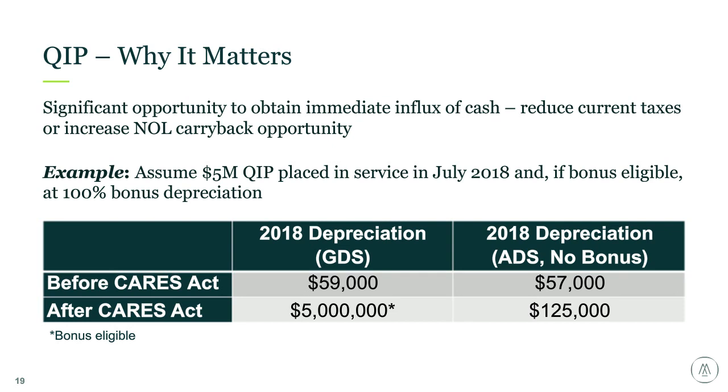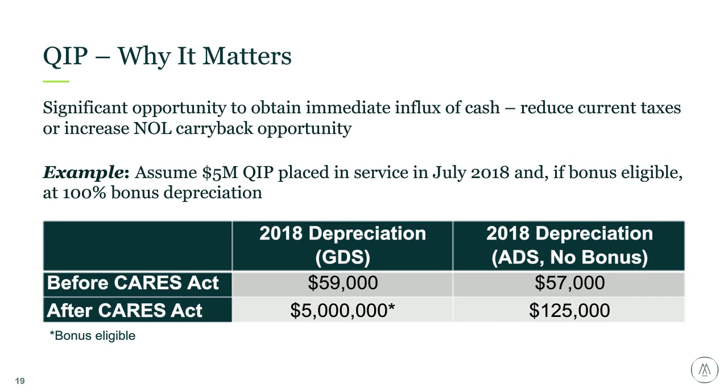So it's nearly $60,000 in depreciation in both cases. But after the CARES Act, the differences are significant. With the GDS life of QIP at 15 years with 100% bonus, that entire $5 million can be deducted immediately. After the CARES Act, the ADS depreciation, of course, would also increase, but on a much smaller scale since it's not eligible for bonus.